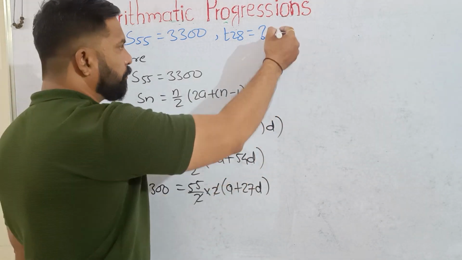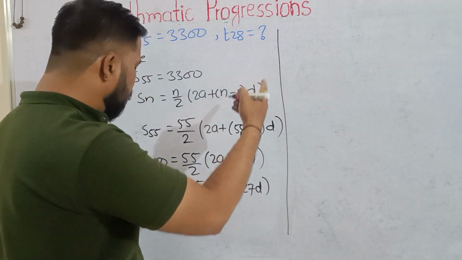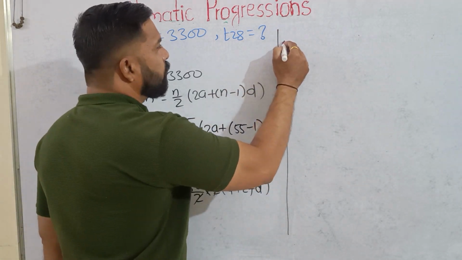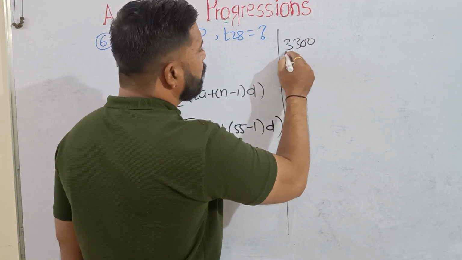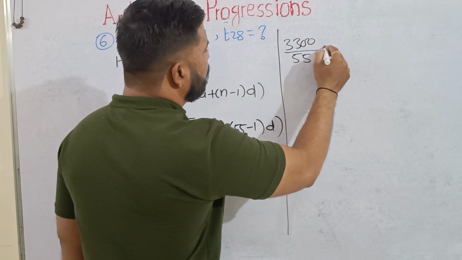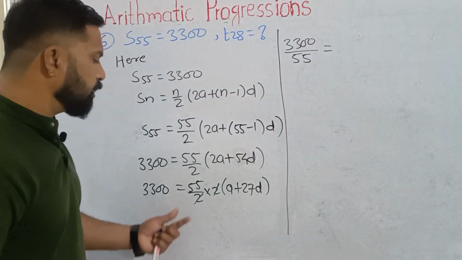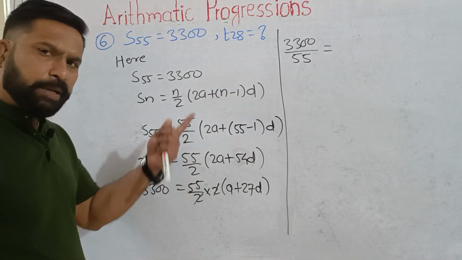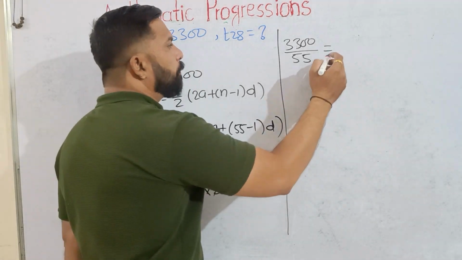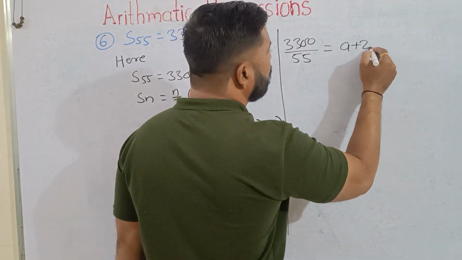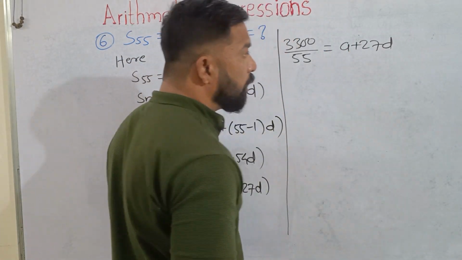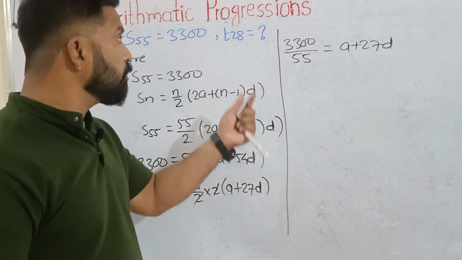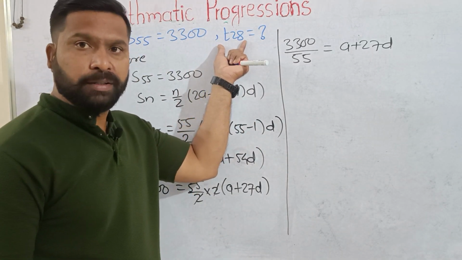Now I will write on that side. 3300 by 55 is equal to, if I am sending this 55 to the left, what is remaining to the right? a plus 27d. Now you must be getting it, a plus 27d is the form of this one.